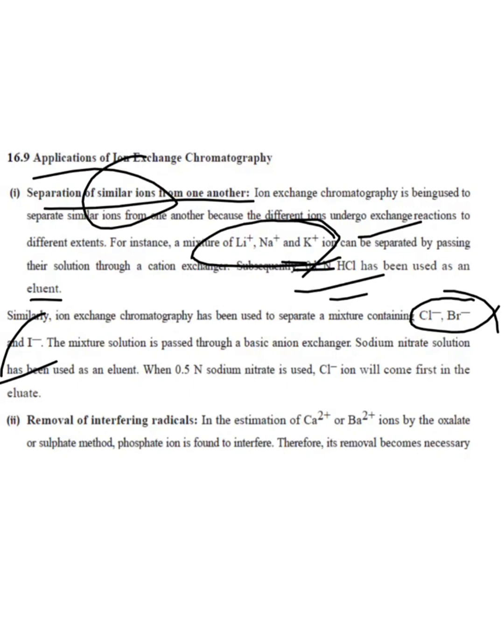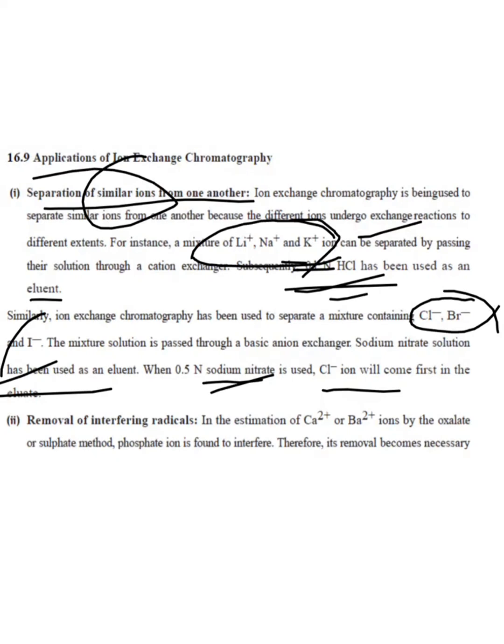These mixtures are eluted using sodium nitrate, and chlorine ions will be eluted first. For the anion and cation exchangers, we use different mobile phases. This is the application for separation of similar ions from one another.